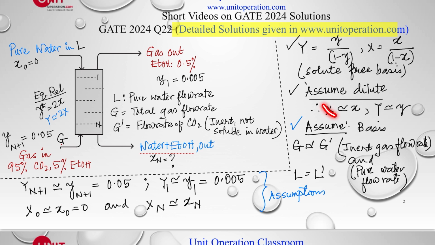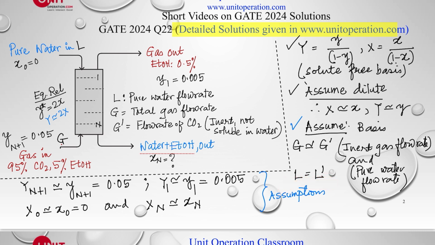That means on the solute free basis, the mole fractions are almost the same as the actual mole fractions, and the total flow rate is approximately equal to the inert gas flow rate. This is a big assumption, applicable only if it is a dilute solution.